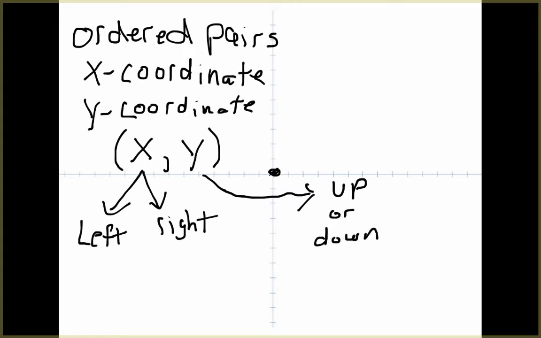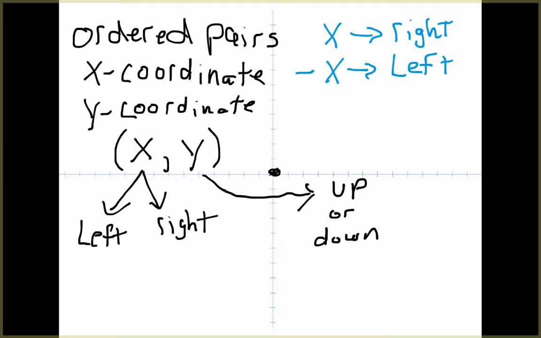Now, I'm going to write to the side here, just to give you a visual idea. Let's say x is positive. That means we're going to go right. If our x is negative, obviously we're going to go left of the origin.